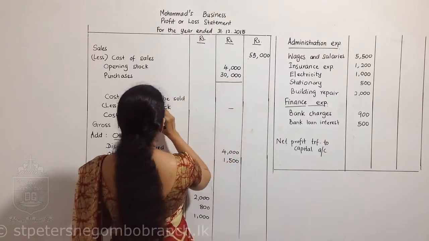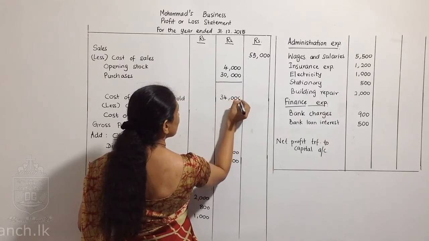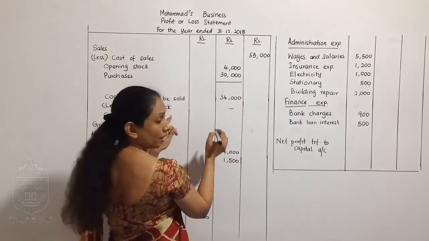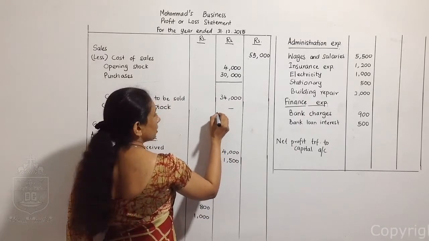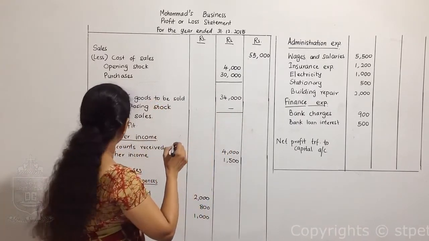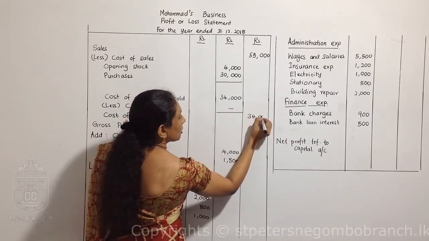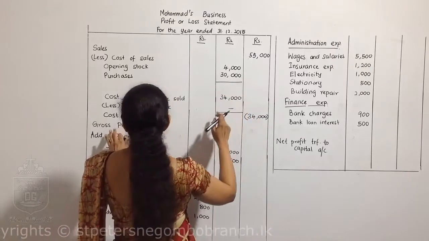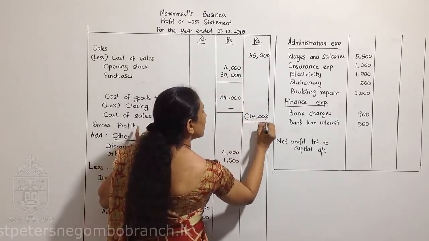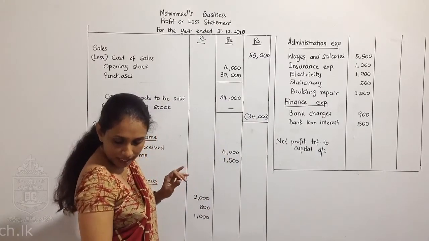So we will have cost of goods to be sold as 34,000, and we don't have any closing stocks here. So we have the cost of sales as 34,000. We'll deduct that from the sales figure, and we will have the gross profit as 21,000.